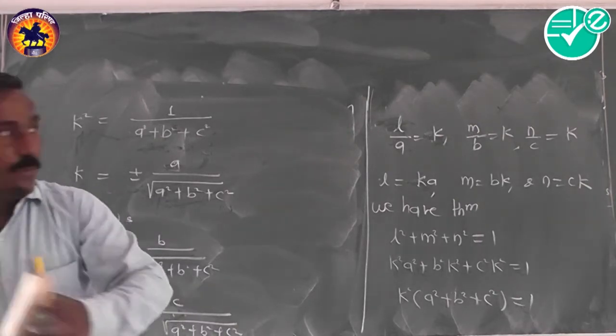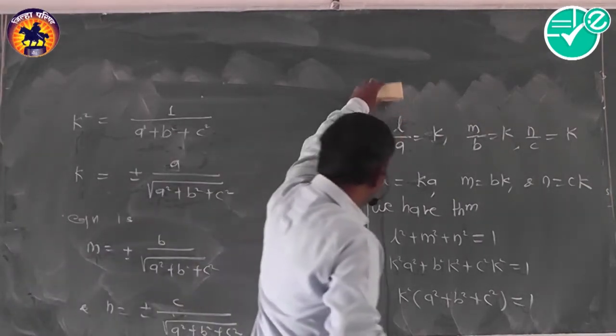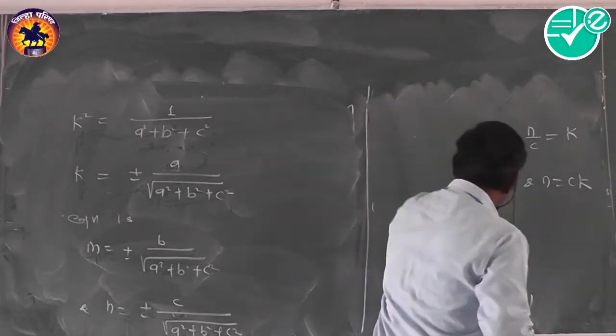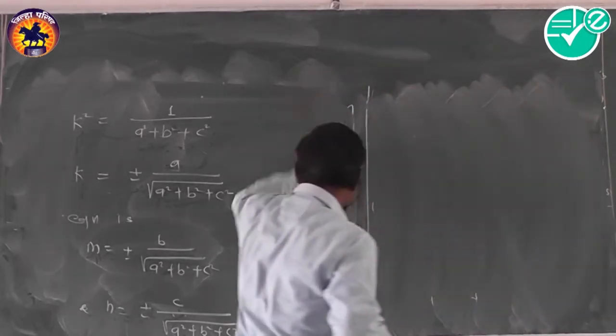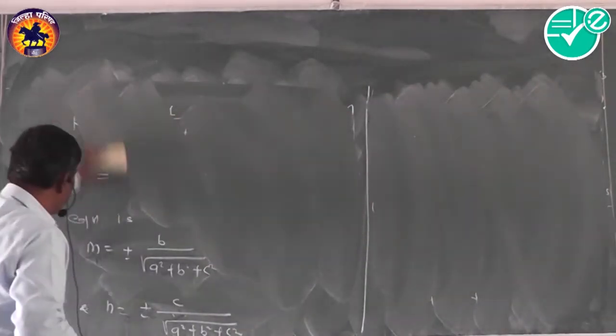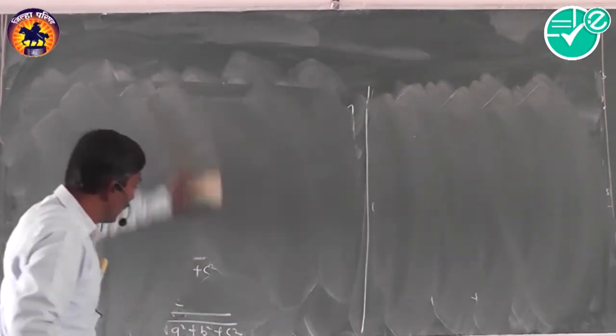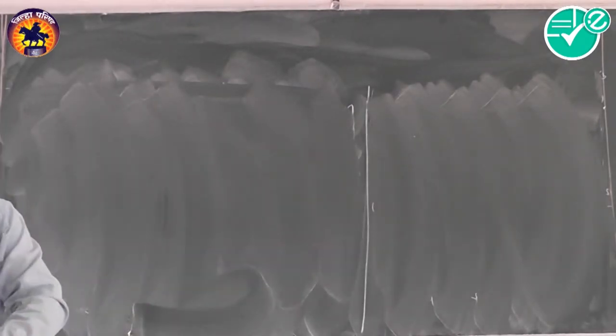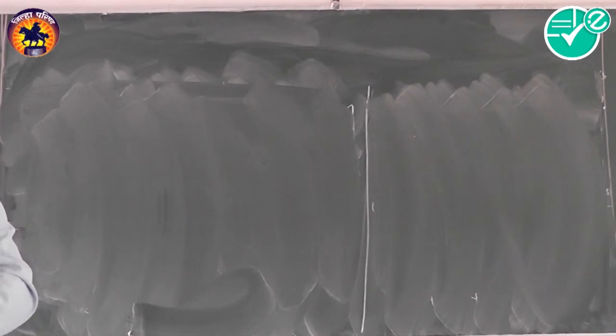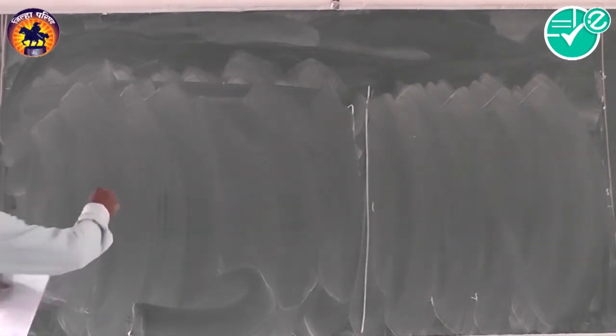So we will see again what the relation between direction ratio and direction cosine of the line is, as we rewrite it again.